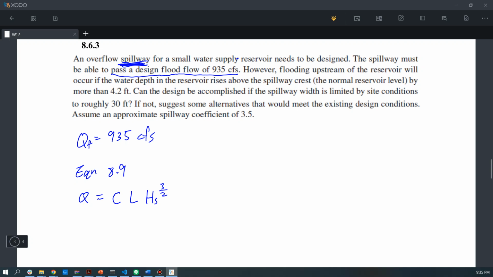And this C is the spillway coefficient, and the problem only tells us we can first assume that this C is equal to 3.5. And L is the width of the spillway, which is 30 feet in our case.